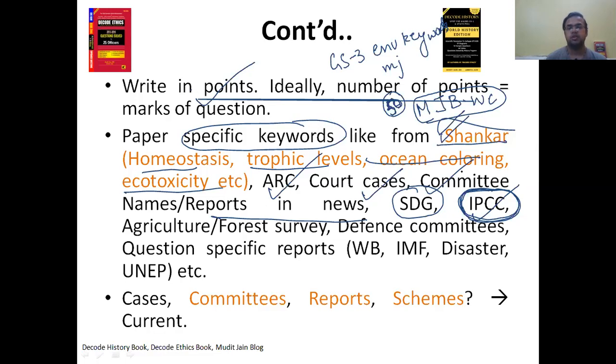Like in current affairs, it is quoted many times that there would be a rise of 2 degrees Celsius by the end of the century, and then it will lead to rise of sea level and melting of ice. This very fact was mentioned by IPCC as well. So trust me, you already know what is mentioned in IPCC. The key is to just believe in this. Just use the regular facts that are available in current affairs, and in front of that write 'as per IPCC'. This is all that is needed as far as the IPCC report is concerned.